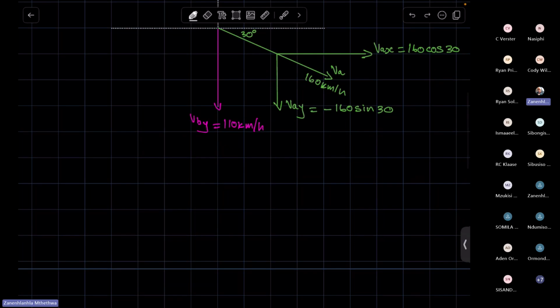So essentially we are applying conditions of equilibrium, the sum of V, where B is the object and A is our frame of reference, in the x direction. This is going to be equal to VBx plus VAx.